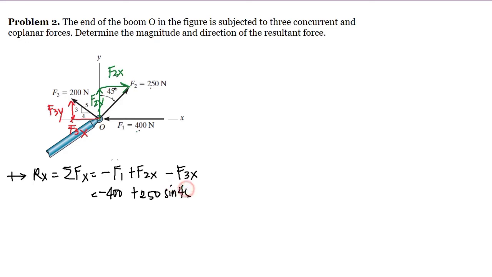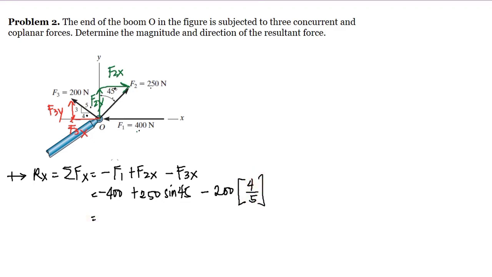So this is sine 45, minus F3x, so F3 is 200 in the x component, so that is the run over the diagonal given, the slope of 3/4. So we have here the horizontal, that's 4 over the diagonal 5.